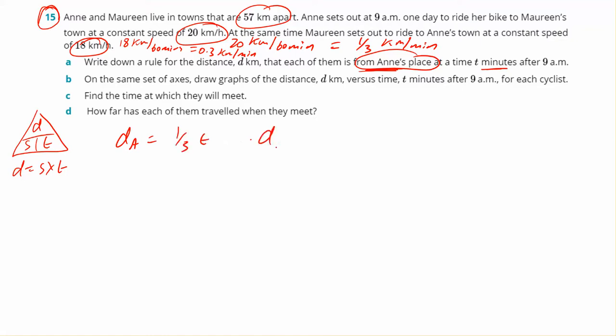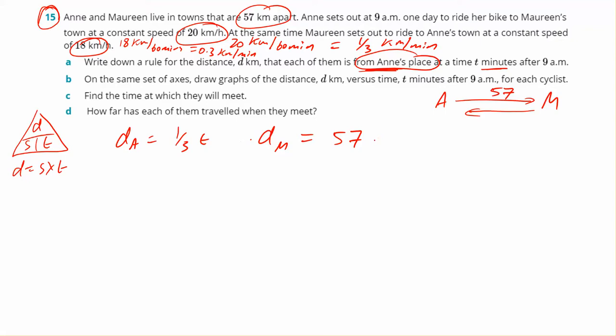The distance for Maureen is a bit more complicated because if Anne's here, Maureen's there. If I'm traveling this way, that's positive. But if I'm traveling backwards, it's negative. Now, Maureen, we know that the distance between Anne and Maureen's place is 57. So Maureen originally, at the very start, is 57 kilometers away from Anne. So that's like the starting point.